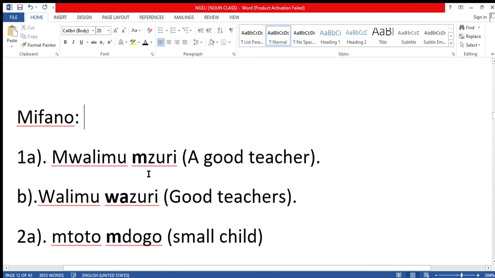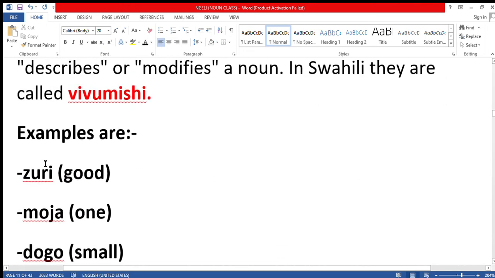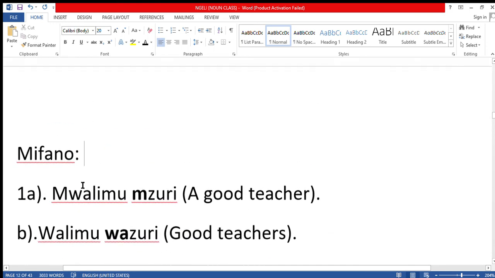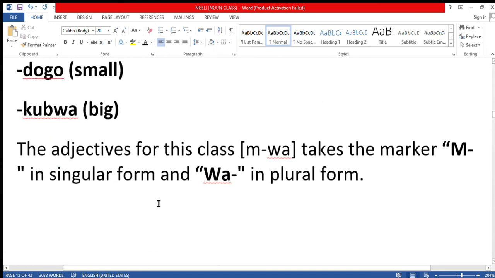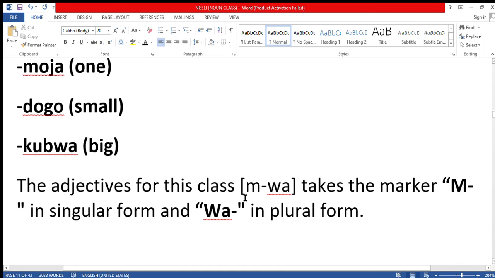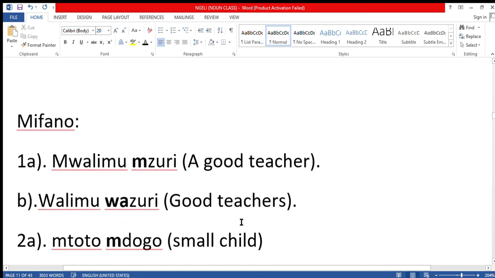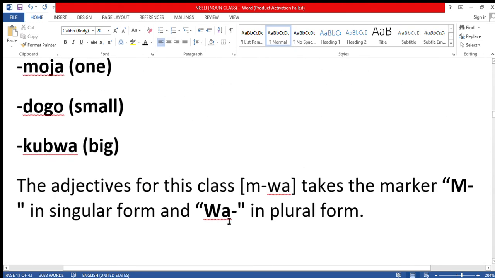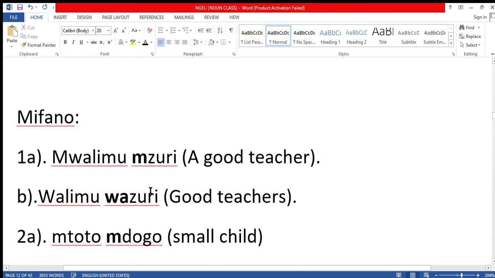Here, remember, the root was zuri, which means good. Then mzuri, that is good. We add m, as I told you, it takes m in singular form and wa in plural form. So it is not necessarily wa, it can be maybe just w here. It depends. Mwalimu mzuri, a good teacher.